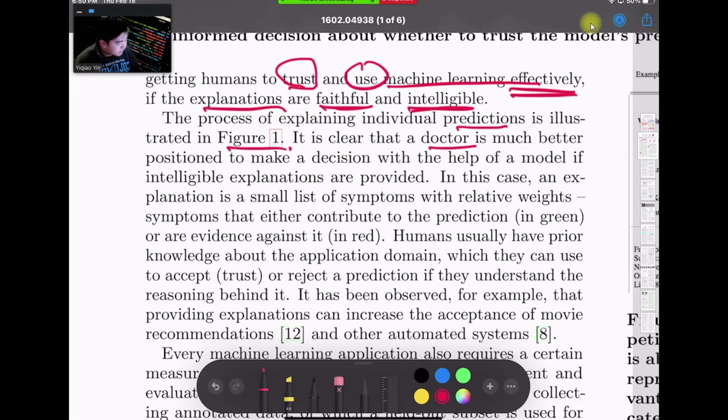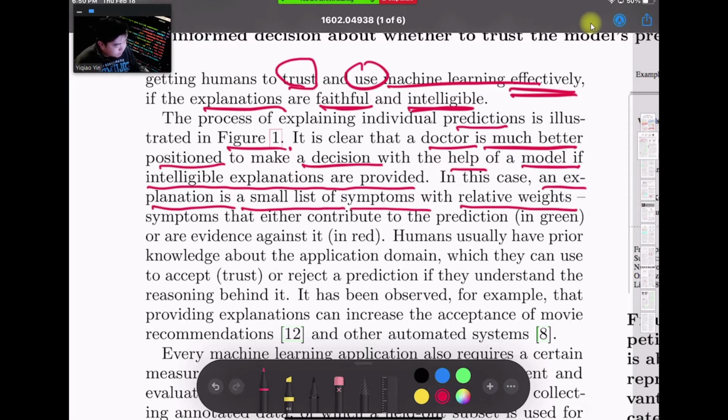It is clear that a doctor is much better positioned to make a decision with the help of a model if intelligible explanations are provided. In this case, an explanation is a small list of symptoms with relative weights, symptoms that either contribute to the prediction or are evidence against it. So the contributions, they're going to put in green, and the ones that are not helpful, that are against it, they put in red.